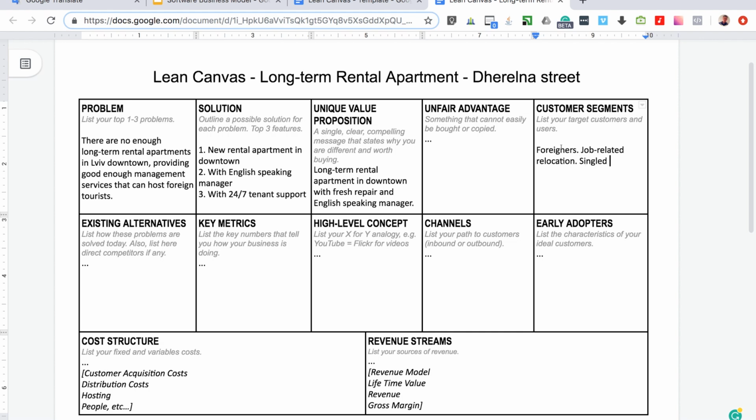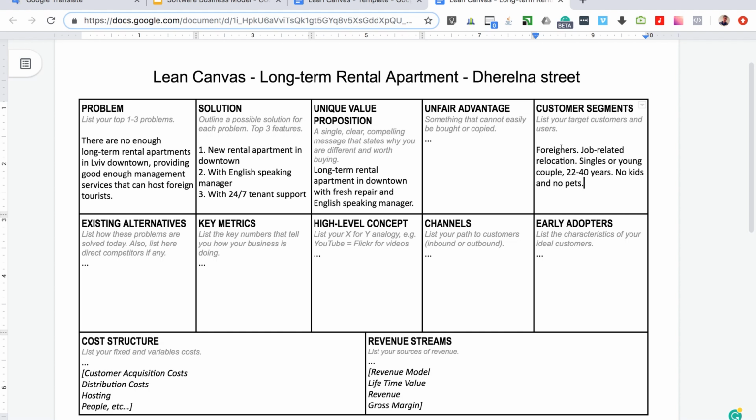I wanted to look for singles or young couples, probably between 22 and 40 years ideally, no kids and no pets. The segment that is pretty young, active, and spending most of their time outside of their home, in the office and not cooking that much at home. This is exactly who I was looking for at that time.